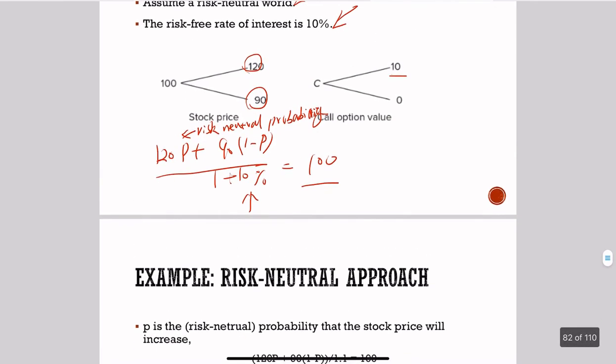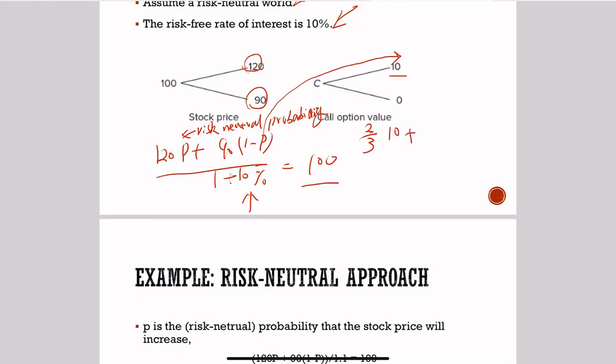Now, importantly, we will carry this P to this call option, because we know that in this risk-neutral world, with probability 2/3, share price would be 120. Then this implies in this risk-neutral world with probability 2/3, the call price would be 10.